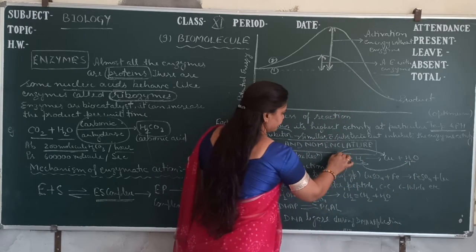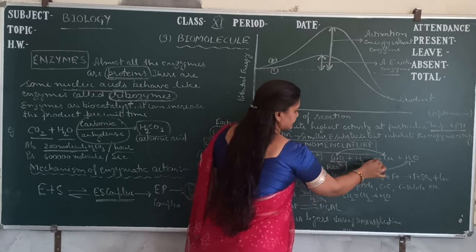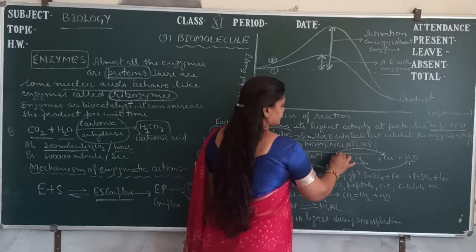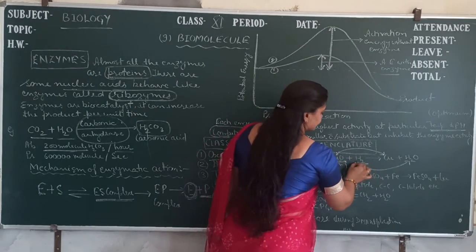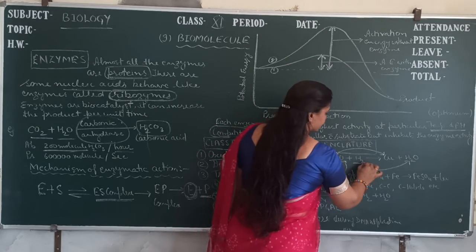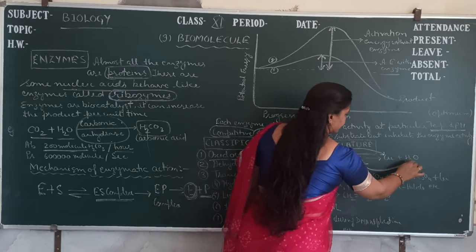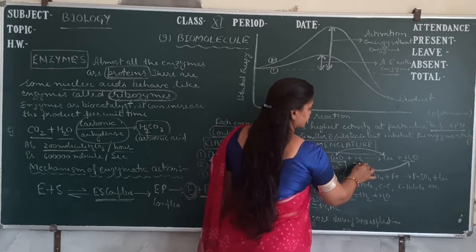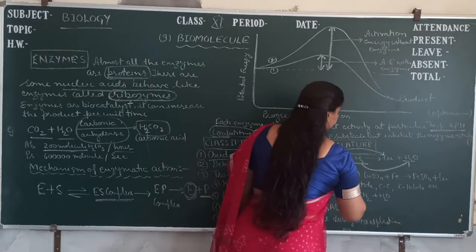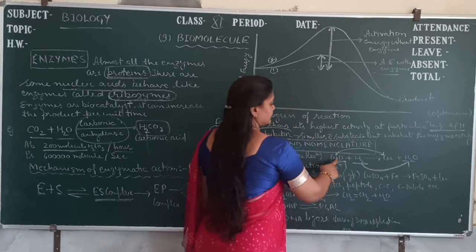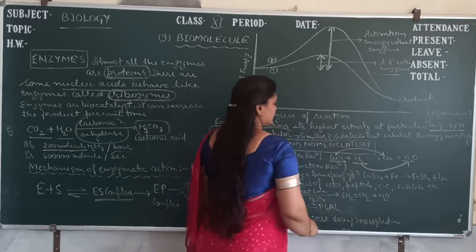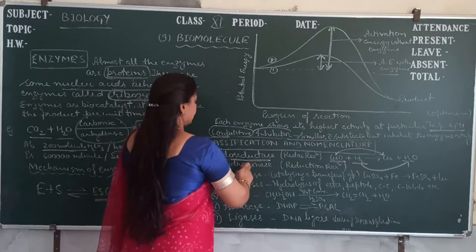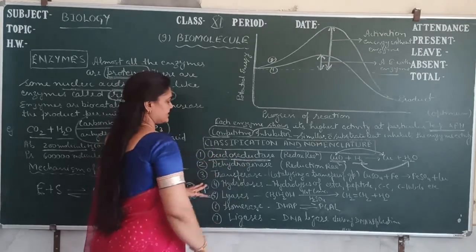Like in this reaction, copper oxide is converted into copper, so oxygen is removed, so it is reduced. And in this reaction, hydrogen is converted into water, so oxygen is added, so hydrogen is oxidized. So in the same reaction, one substrate is reduced and one is oxidized. So this is the redox reaction, which is catalyzed by the oxidoreductase enzyme.